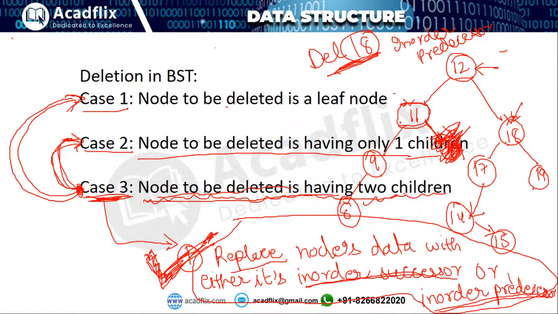Now I'll find 18's in order predecessor. What is the in order predecessor? The rightmost child of the left child. So I go to the left subtree and try to find its rightmost child. There is no rightmost child, so this becomes my in order predecessor. Now I replace the node's data with its in order predecessor.